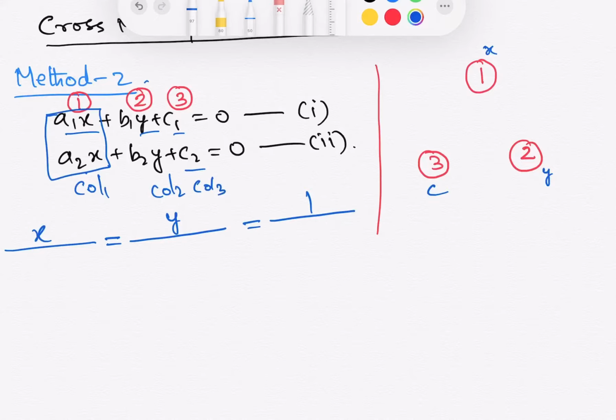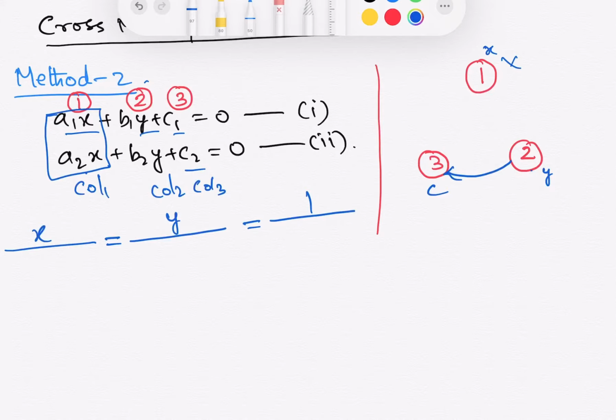So when we calculate the x portion, we don't consider column 1; we concentrate only on the y variable part and the constant part, which are the numbers 2 and 3. The rule is that we don't consider this part, only the y variable and the c variable constant part. So you draw an arrow from 2 to 3, anti-clockwise.